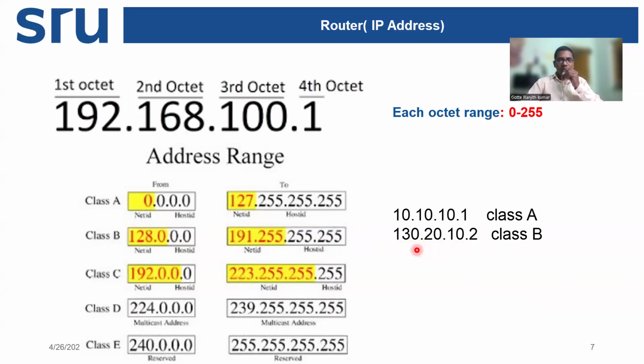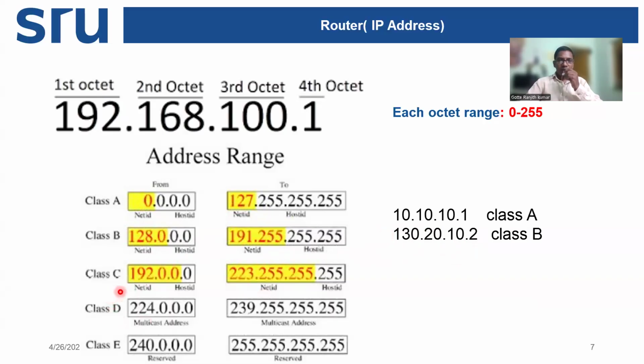If it is class B, the first 2 bytes, meaning 2 octets, represent the network address, and the last 2 octets represent the host address. Here you can find the first 2 parts colored yellow to represent the network address. The remaining 2 bytes represent the host address. While referring to the individual parts of an IP address, you can call each one a byte or an octet.